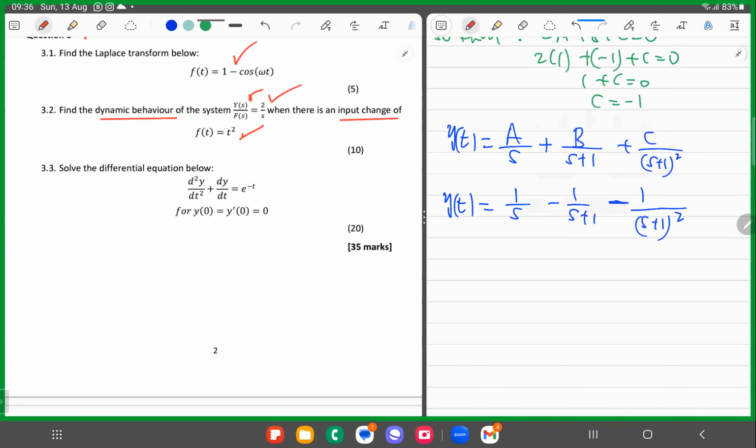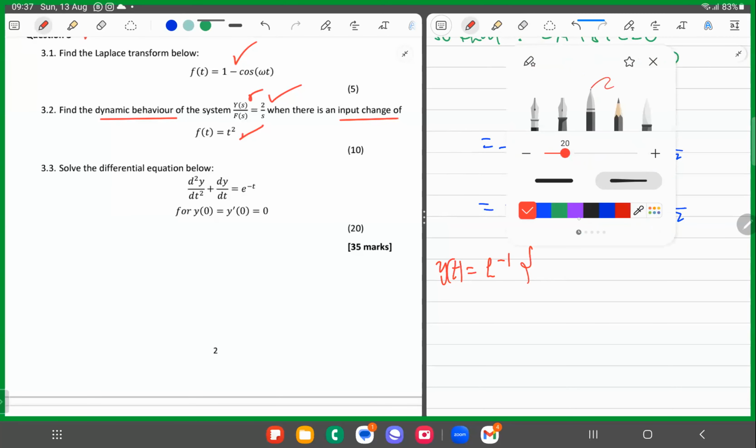So the implication is that for L inverse, Y as a function of t is, okay, here this one is still Y of s.